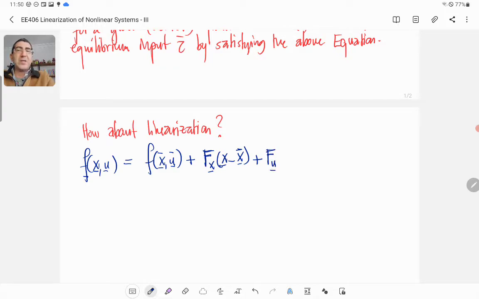So we need to also take the derivatives with respect to input and multiply with the deviation from this input.